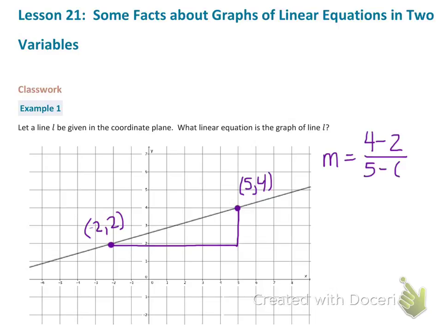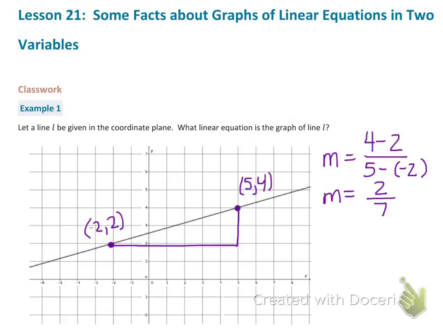That simplifies to 2/7. It checks out that this is a positive slope because that line is upward leaning. If I'm going from left to right, it's heading up. So that slope is the rise over the run, 2 over 7.